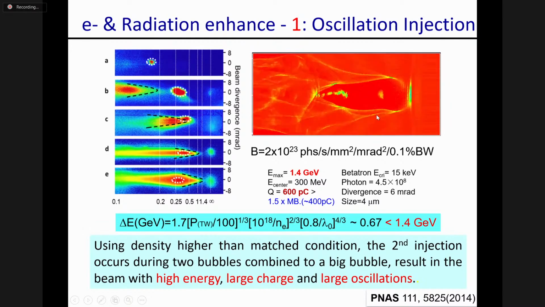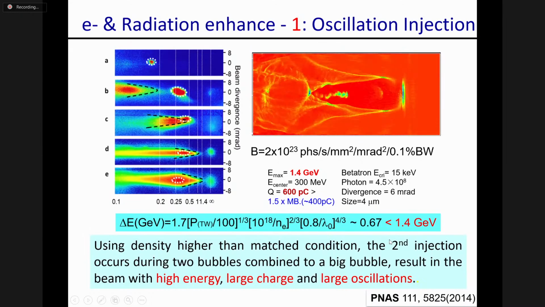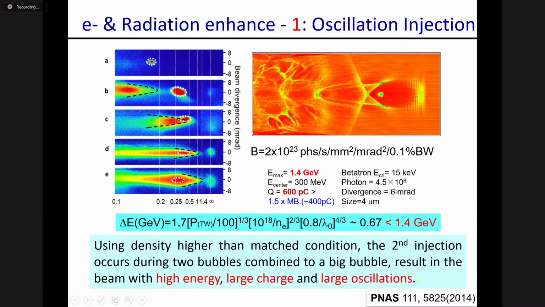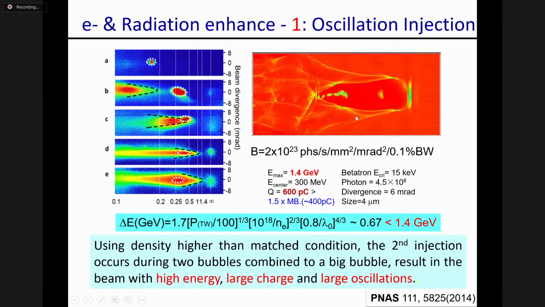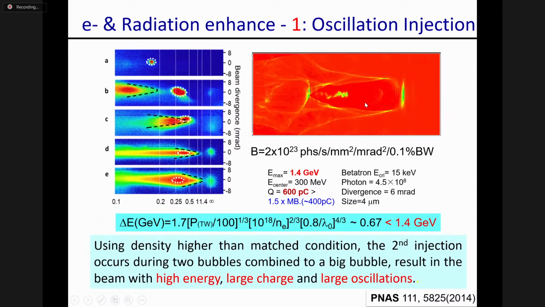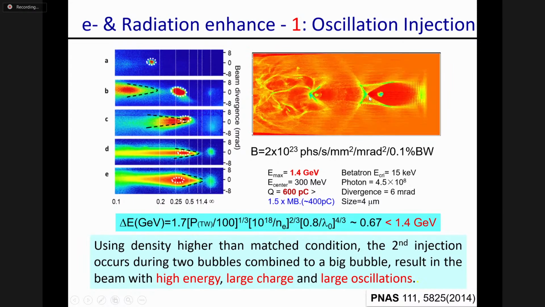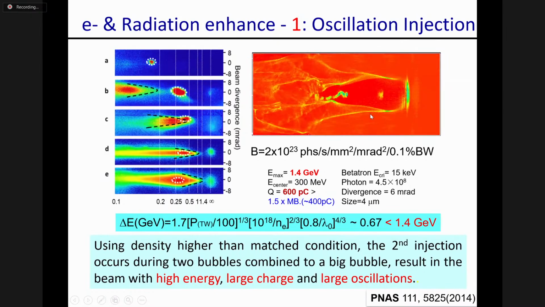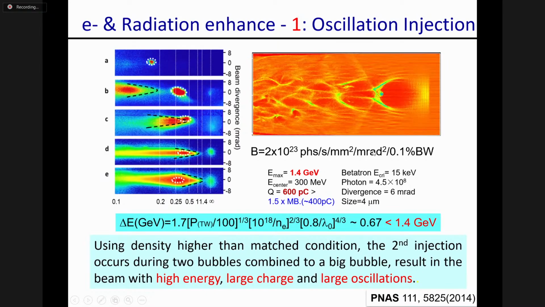So in this case, the second bunch of electrons will have higher energy, high charge, and big oscillation amplitude. It's very good for the high charge electron acceleration and also enhanced electron radiations. So this is the first method.